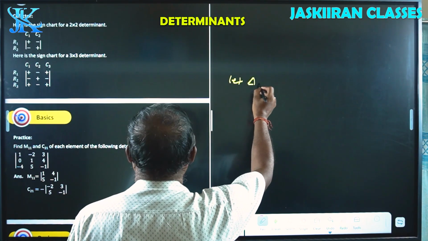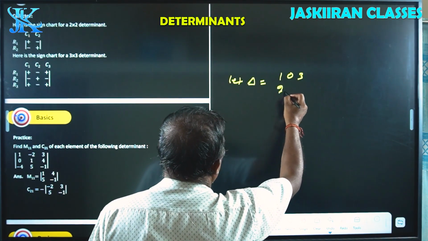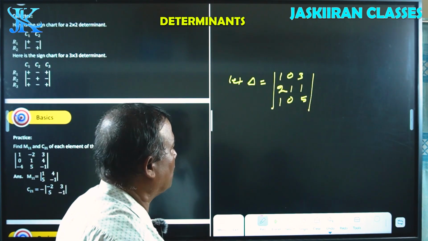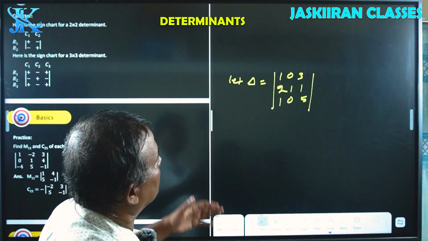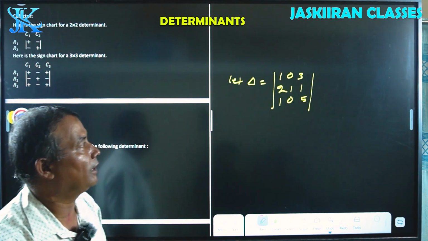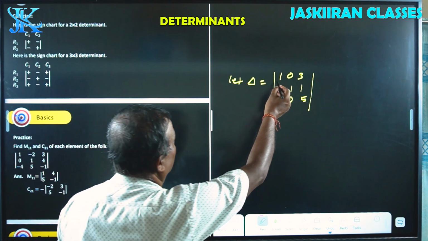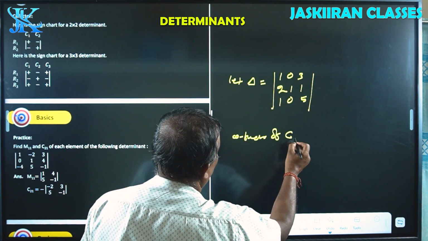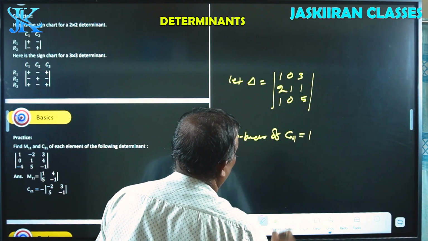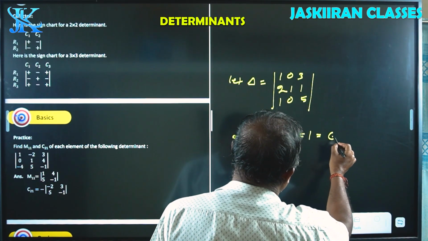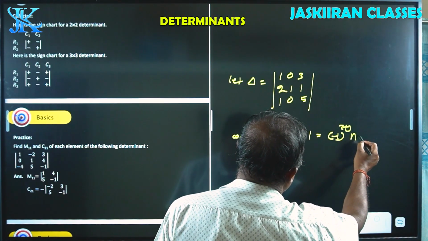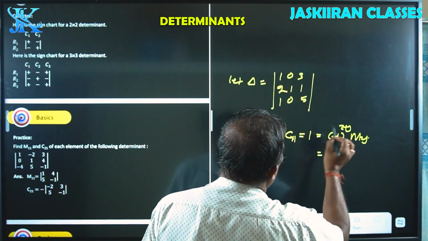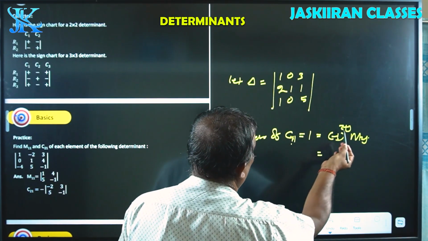Let delta equal to 1, 0, 3, 1, 1, 1, 0, 5. That is a third order determinant. The minors are of 9 elements. Similarly, the cofactors are also of 9 elements. Now, the cofactor of 1, that is C11. C11 equals (minus 1) to the power i plus j with M_ij. i means i-th row, j means j-th column. The i-th row is 1 and the j-th column is 1.